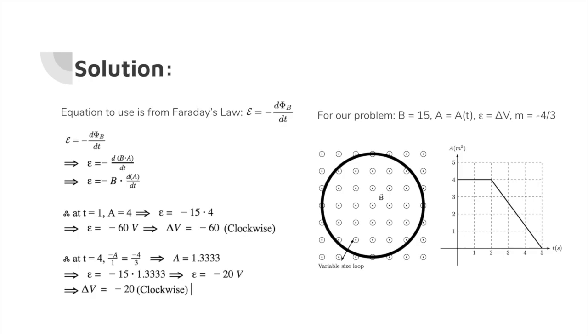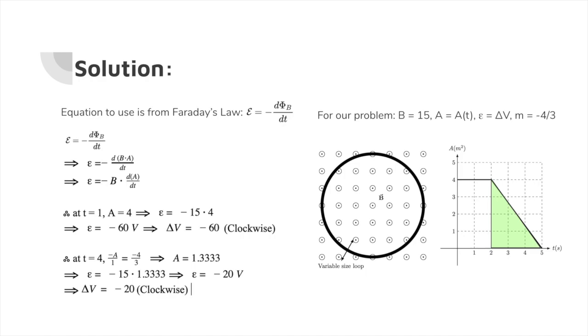We can do the same thing for the time 4, but this time we don't exactly know A, but we can figure it out pretty simply by just doing a simple slope conversion. So we know that the slope of the entire linear line is -4/3.